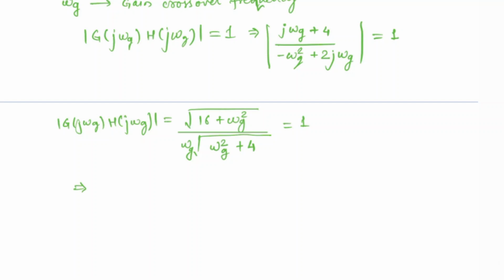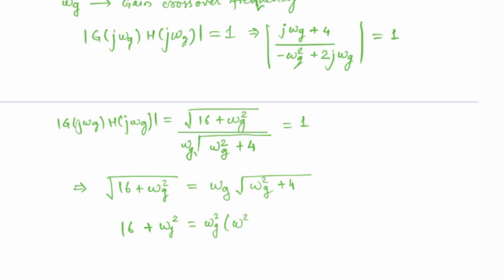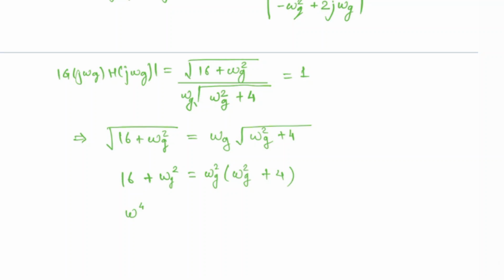If we square on both sides, we'll be left with omega power 4 g plus 4 omega g square, and 1 omega g square will get subtracted from the other side.